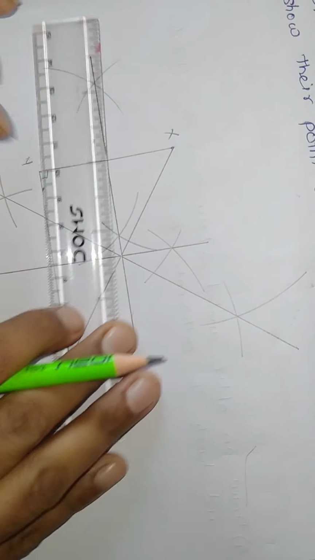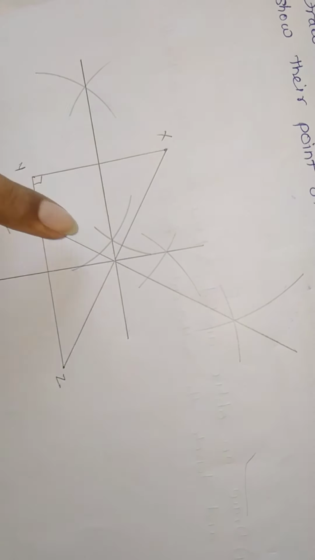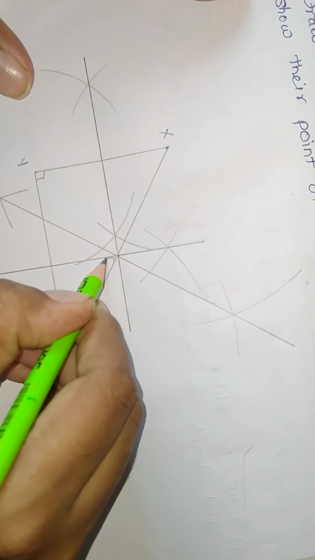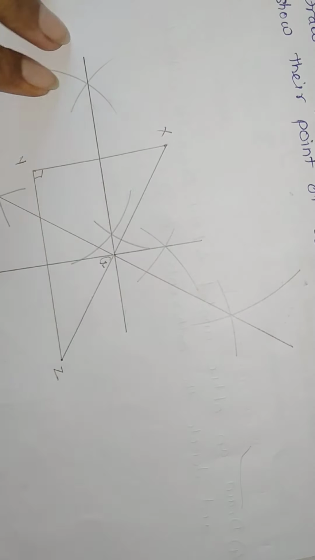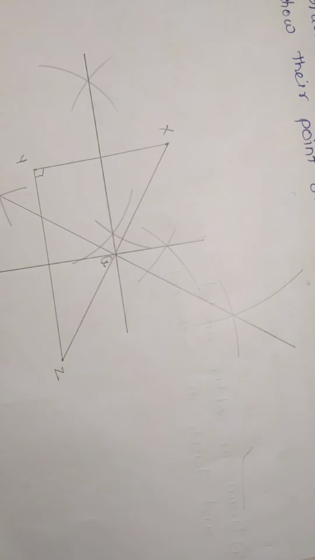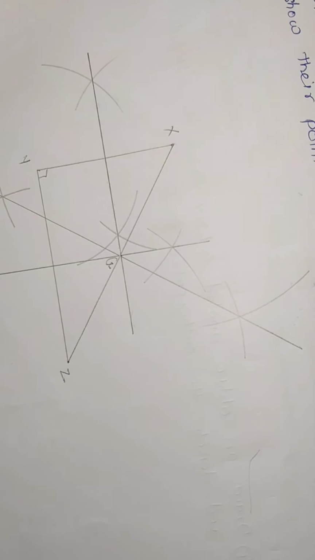See now, from this, what you can say is that the point of concurrence for a right angle triangle lies on the hypotenuse. We have to give the name G. I hope you'll understand this. Now we'll go to the next question.